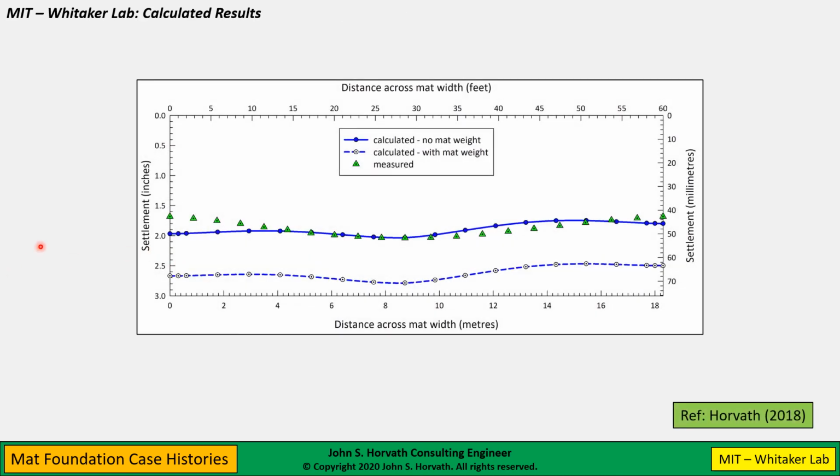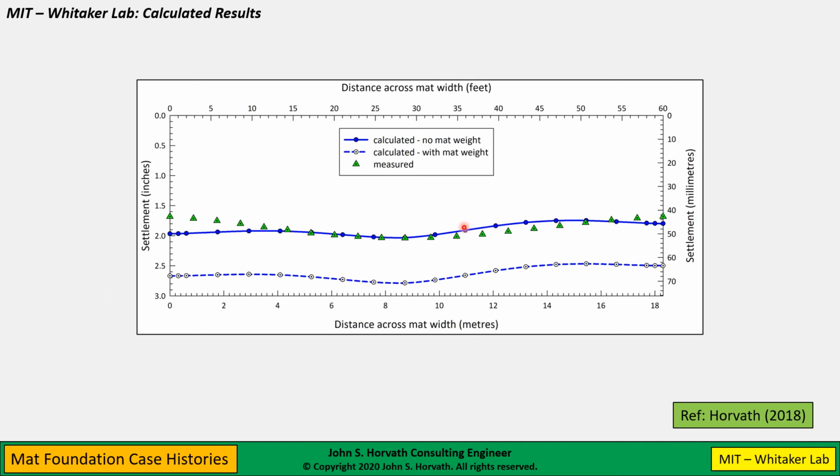In terms of calculated results, I'll only show you the comparison with the measured values. We did two analyses. The solid blue curve is no mat weight. The dash curve is with mat weight. And you see the no mat weight correlates pretty good with the measured settlements.